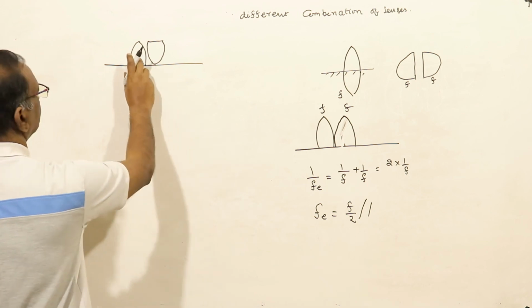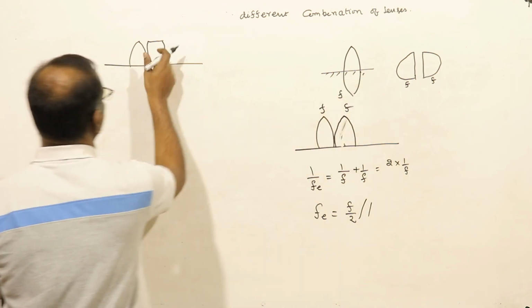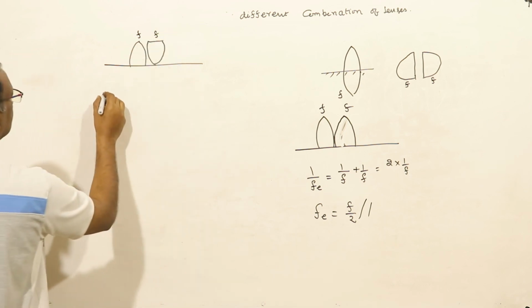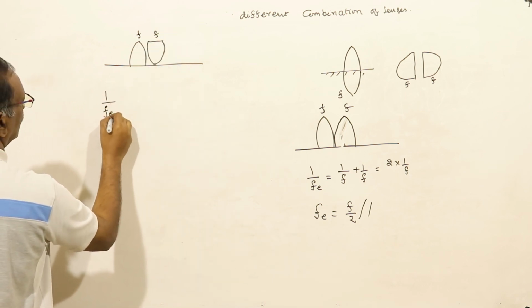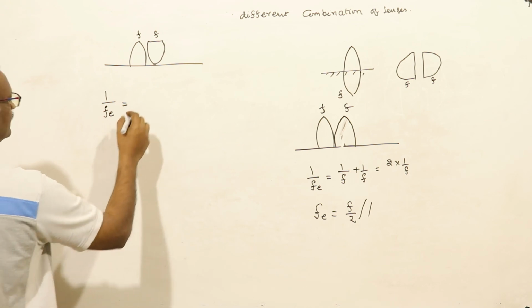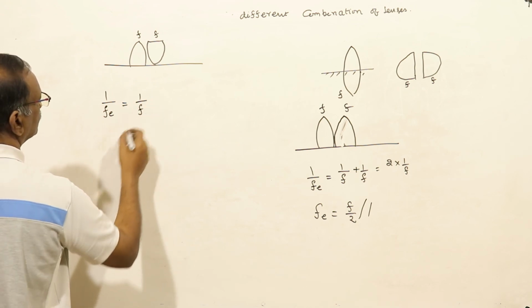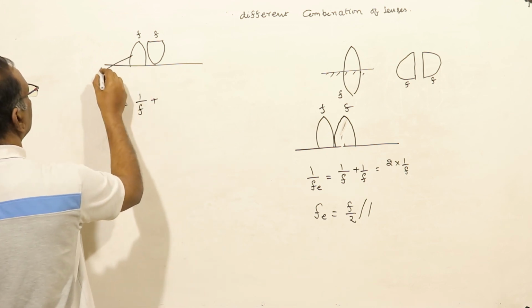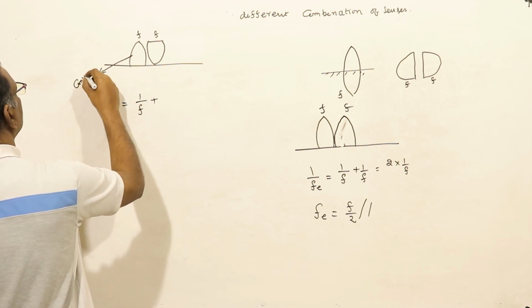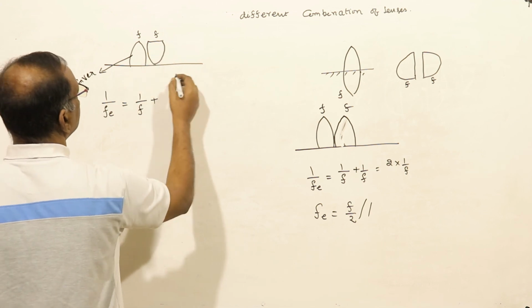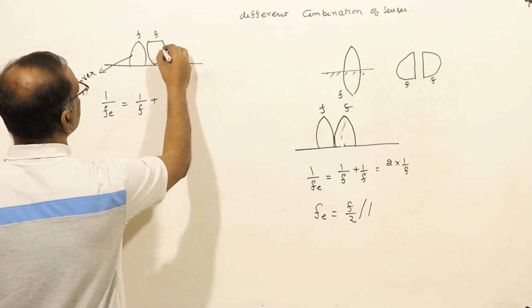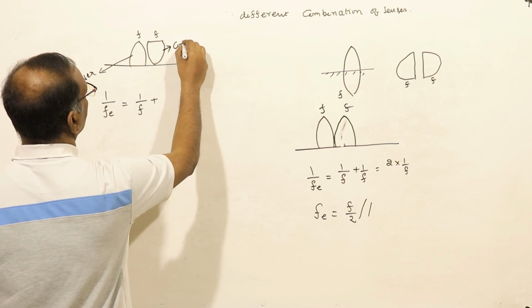When one is kept like this and another is kept in reverse order, both have focal length f1 and f2. The effective focal length of this combination of the two pieces is 1/f plus, what about this one? This will behave like a convex lens, and the other will behave as a concave lens.